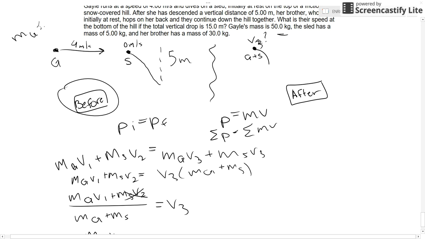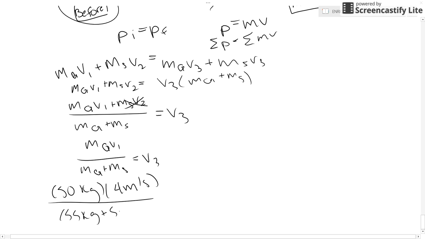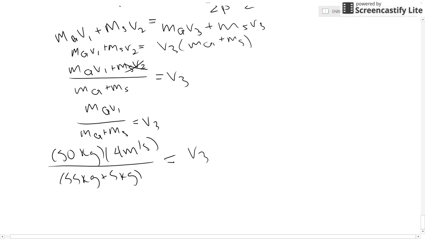The mass of the sled is 5, and the mass of the brother is 30. So we have 50 times 4 meters per second over the sum of the masses, 200 divided by 55. We come out to 3.64 meters per second equals v3, the velocity before Gail goes down the slide.